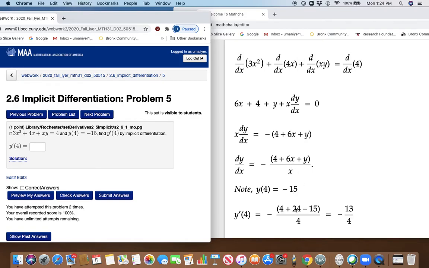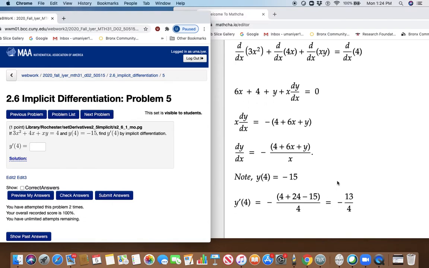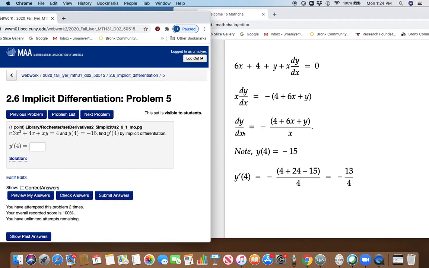So 24 minus 15 and this is 4. Alright. So there is an overall negative. Dy dx is same as y prime. You are evaluating at 4. By using these numbers, you get overall 28 minus 15, 13 over 4, the negative.